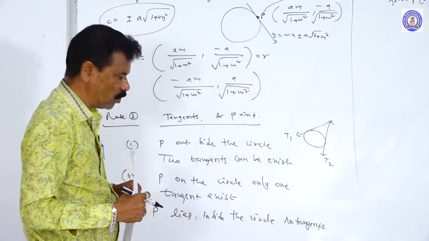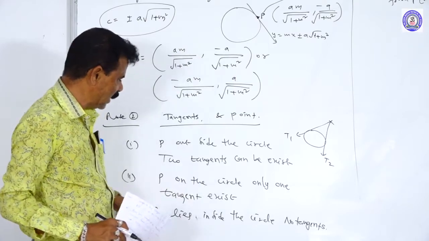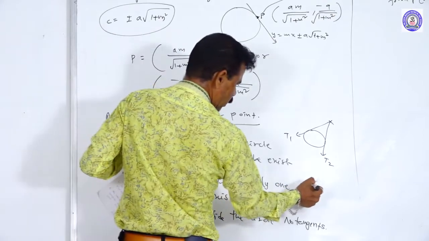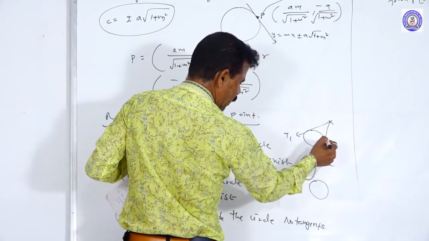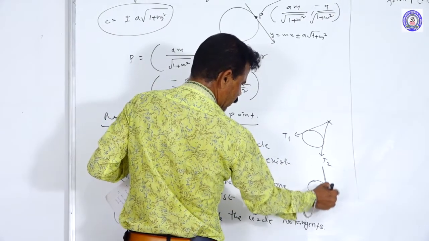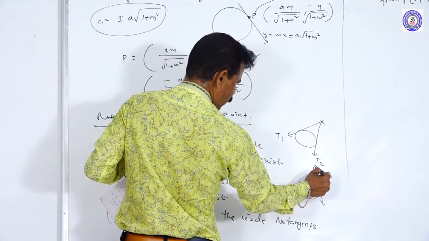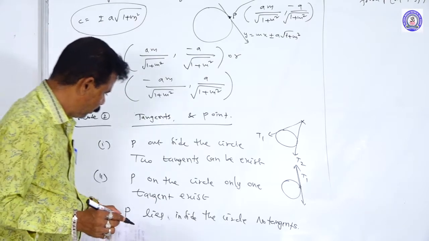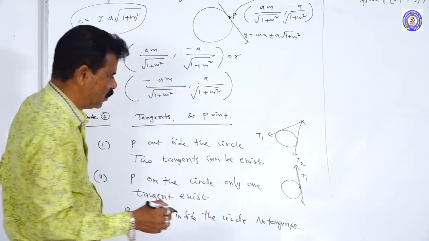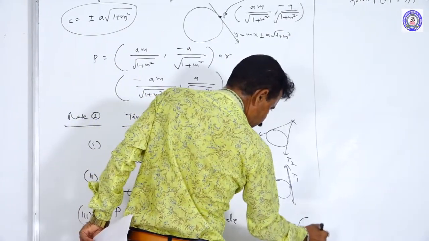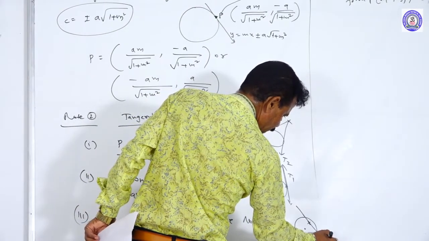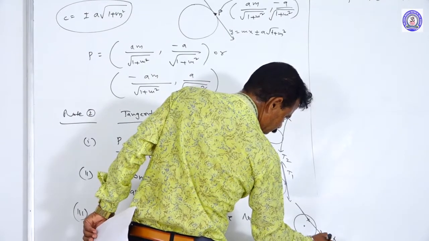If P is on the circle, one tangent exists: the two tangents become one tangent. And if P lies inside the circle, a tangent is not possible. This is not a tangent.